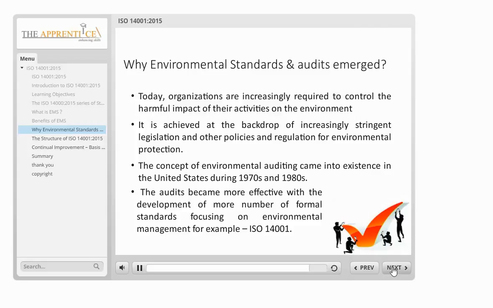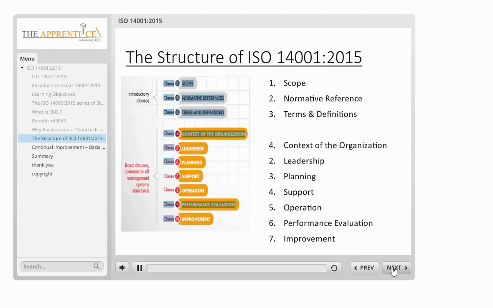Further, we will look at the structure of the standard, that is ISO 14001, 2015. ISO 14001, 2015 is structured around the high-level structure for all ISO management systems. It includes, in addition to the usual 3 introductory clauses, 7 basic clauses common to all management system standards.